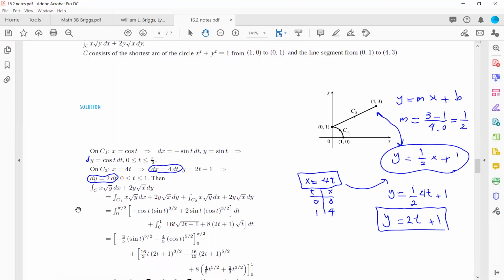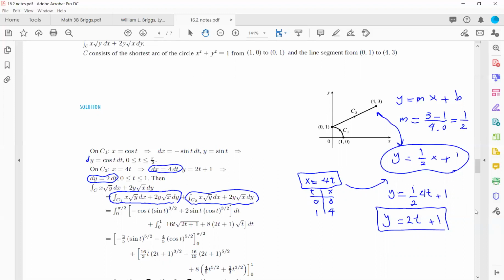Very well. Now that we have these two curves and line segment, we can divide the integral in halves and start taking the integral over these two subcurves. So the first one is the integral of x square root of y dx plus 2y square root of x dy over C sub 1, plus the integral of x square root of y dx plus 2y square root of x dy over C sub 2.